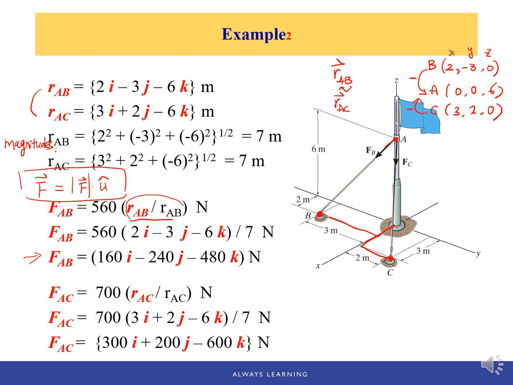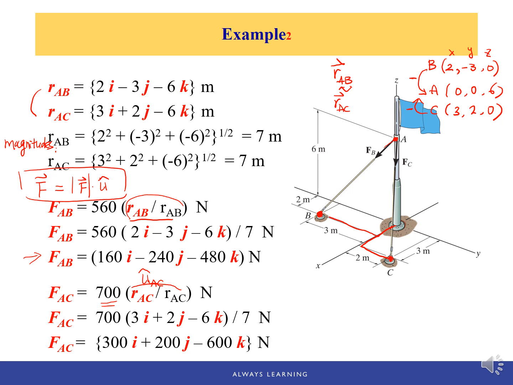And same steps for FAC. The magnitude of FAC is 700, which is given, and it has the same direction as the position vector RAC. So position vector divided by the magnitude of it, you will have the unit vector UAC, which is the direction of RAC, also the direction of the force FAC.